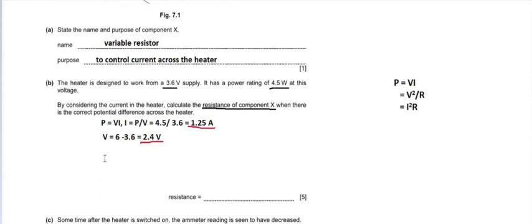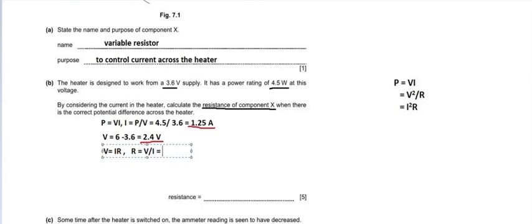So what is Ohm's law? V is equal to IR. Using this formula, what is R? If you rearrange this, I goes to the left-hand side, into the denominator. So R is equal to V divided by I.